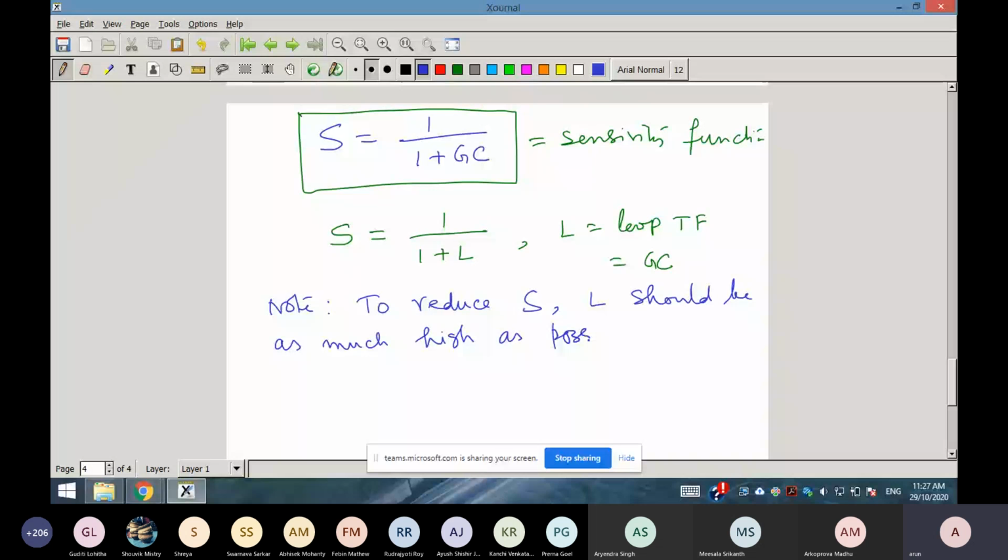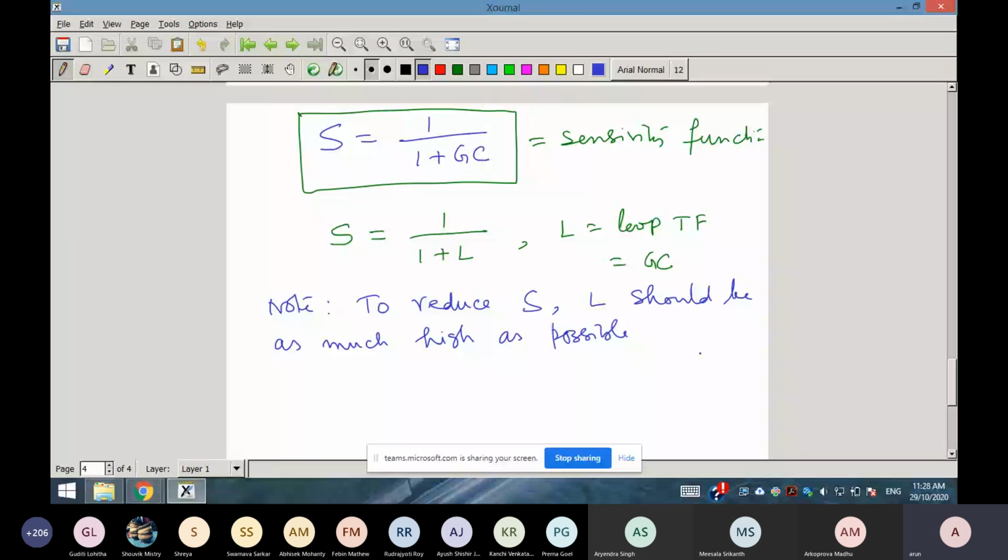But there are some other limitations that I will come to slowly. You cannot make L arbitrarily high, otherwise noise will enter into the loop, so all those problems will occur. Some trade-off has to be made.